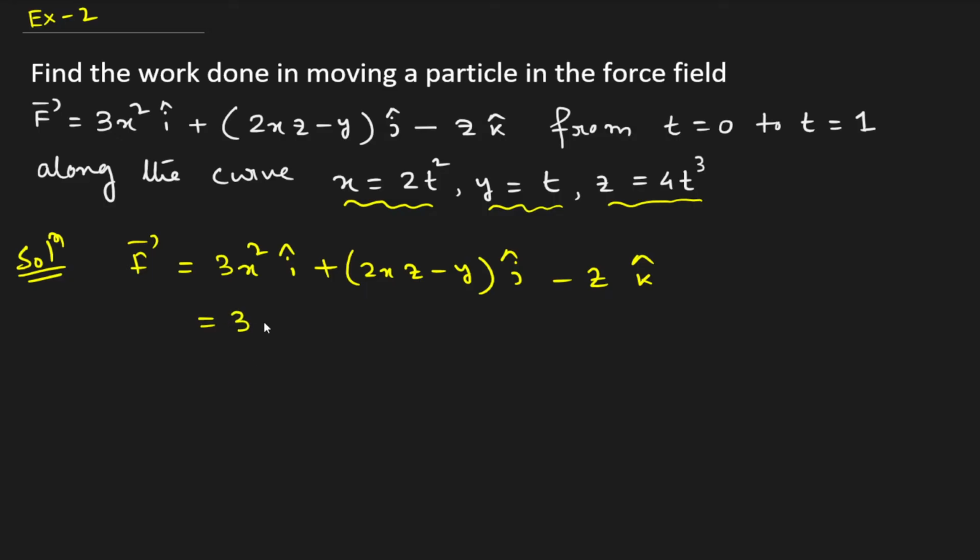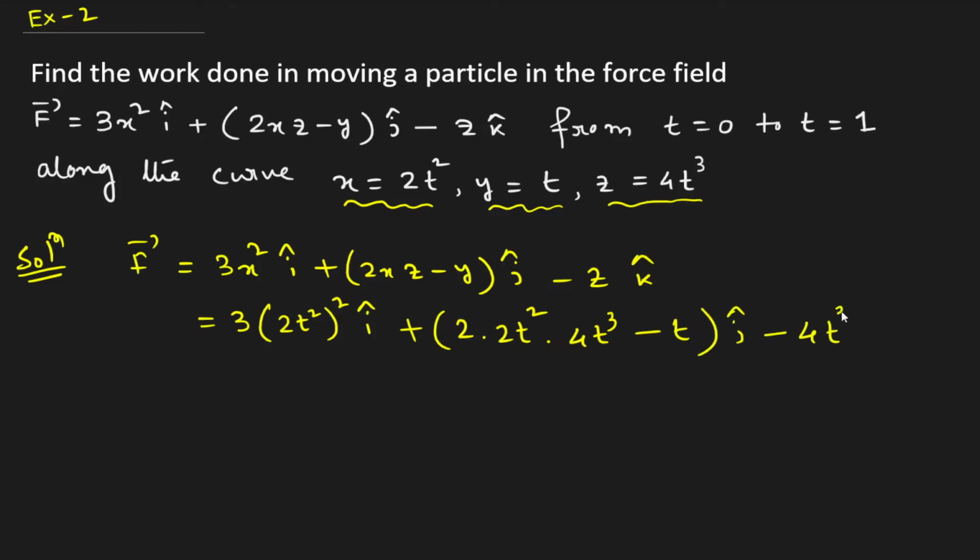So it's 3 into x square, our x is 2t square, whole square, i cap. 2 into x, our x is 2t square, z is 4t cube, minus y, y is simply t. And then again z, z is 4t cube, k cap.